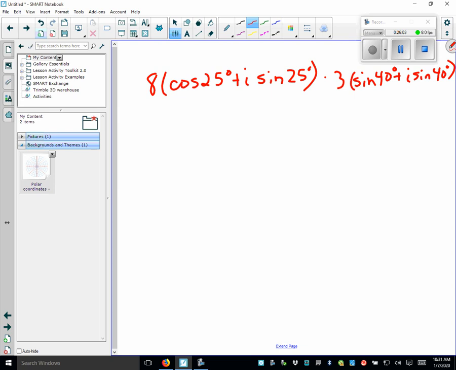And then we said, so it would be 24 cosine 65 degrees. Is that polar form? Yes, this direction's right. Polar form. Yes, it is.